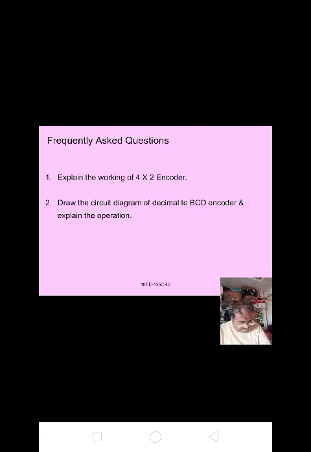Decimal inputs are 0, 1, 2, 3, 4, 5, 6, 7, 8, 9.